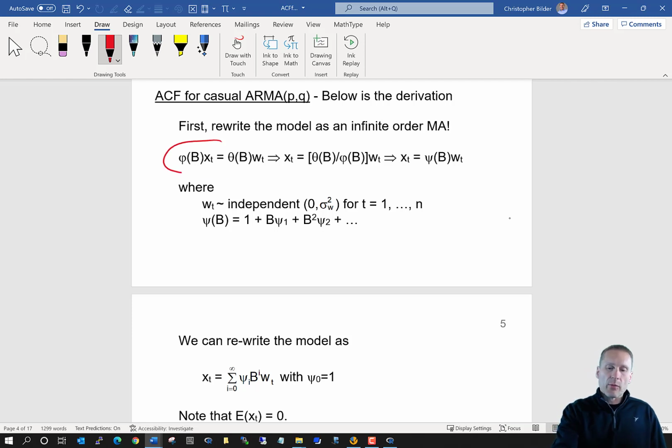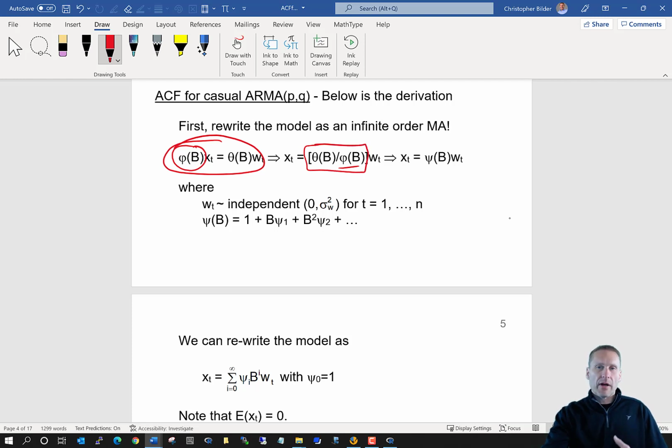So here's our original model here. We can take the phi of B, bring it over to the right hand side, and then basically what we're going to do is equate theta of B divided by phi of B with psi of B, where psi of B is this infinite order sum.